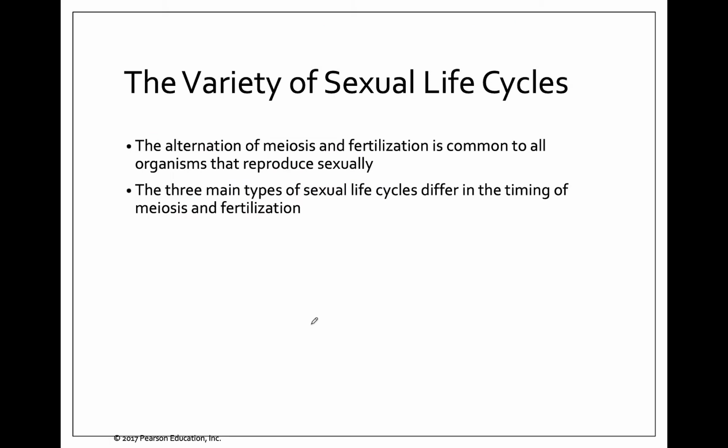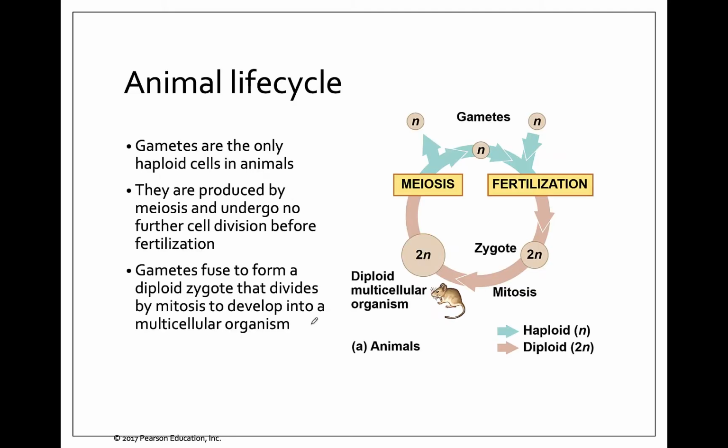There are other sexual life cycles. You're probably most familiar with the human life cycle, which is the animal life cycle, which is what we just went through, where we have gametes, so we might have an egg and a sperm from two different individuals come together in fertilization. We then create this diploid individual.